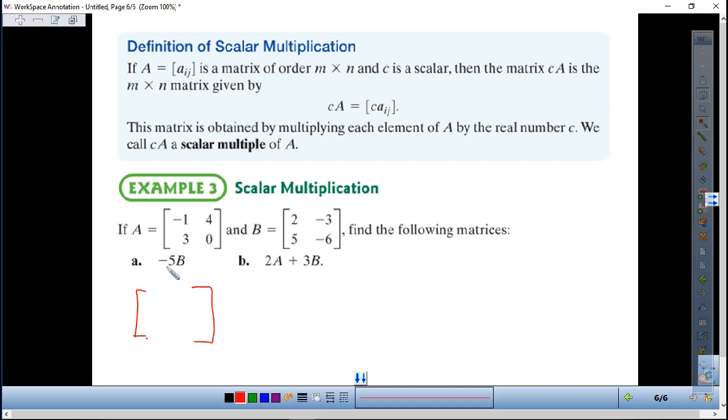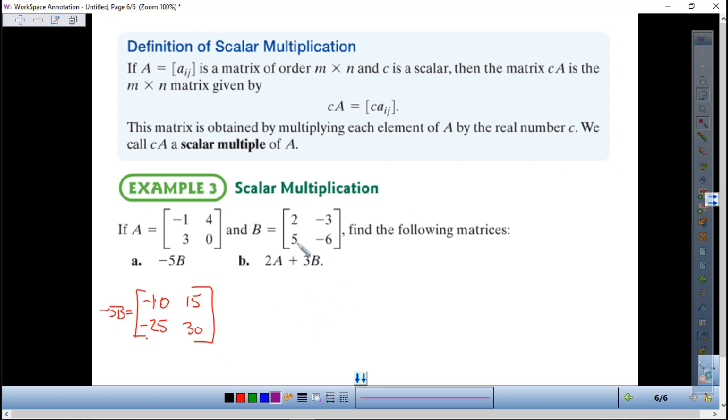And all we're going to do is multiply -5 times every element of matrix B. So -5 times 2 is -10. -5 times -3 is 15. -5 times 5 is -25. And -5 times -6 is 30. So there is -5 times matrix B.